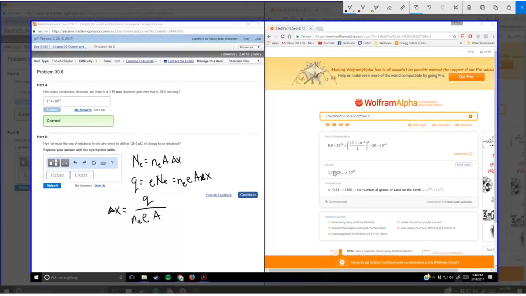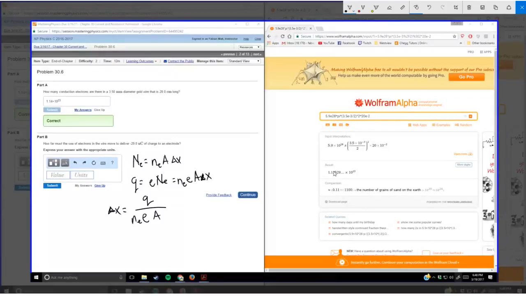And if that's the total number of electrons, and I want to know the charge of those electrons, I should take that number of electrons and multiply by the charge of each. So you're not going to see this in your equation sheet so explicitly written out. You're going to need to have some intuition as to the meaning of each of these variables.